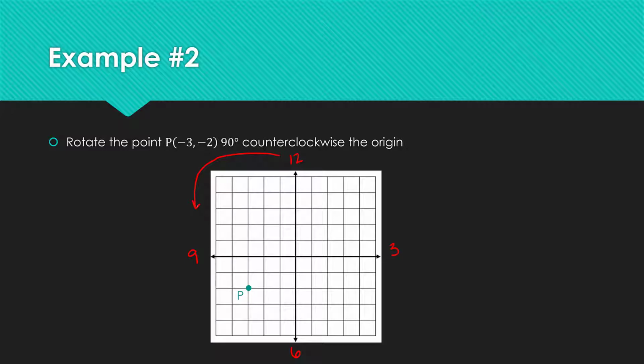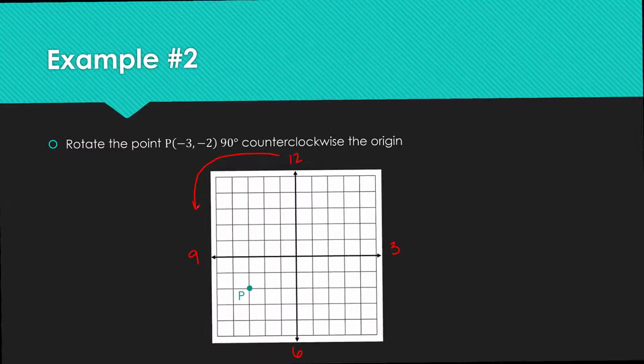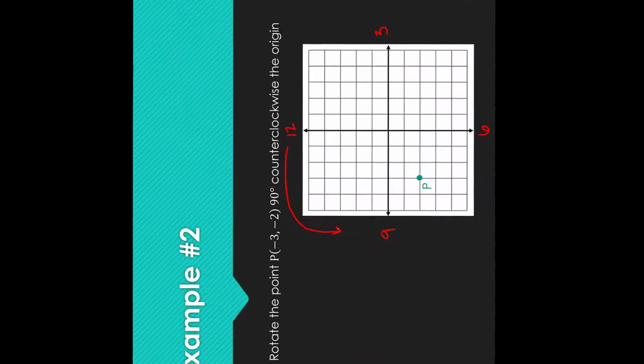So now I'm going to rotate my paper counterclockwise 90 degrees. And now find that new coordinate of P. Now this is all sideways, and that's okay. Where P is at, it is right 2 and down 3. So P prime, right 2, down 3.